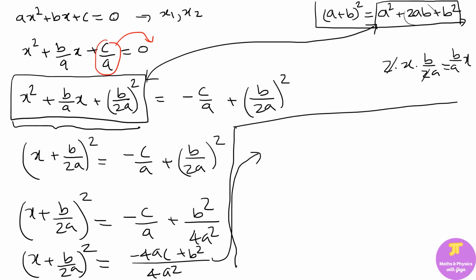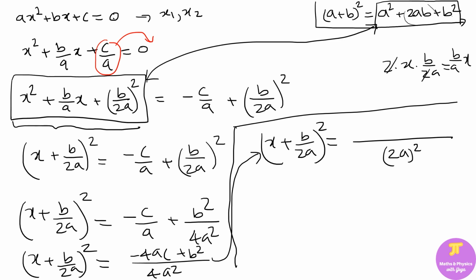Continuing from this side, (x plus b over 2a) whole thing squared is nothing but, with 4a squared in the denominator being (2a) squared, right? And let me rearrange the numerator. That would be b squared minus 4ac.